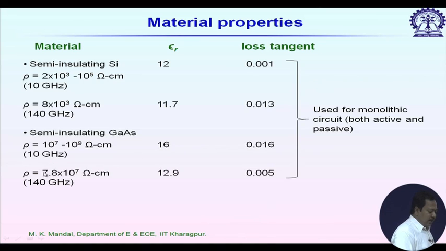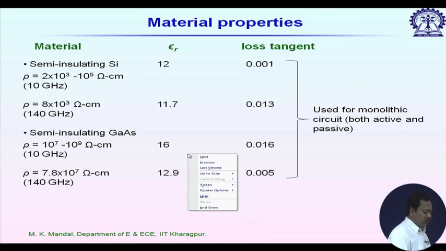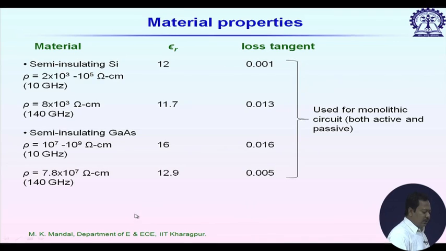And if I consider a typical value, rho 7.8 into 10 to the power 7 ohm centimeter, the measured epsilon r is 12.9 at 140 gigahertz, and the loss tangent is 0.005. If I compare the loss tangent value with silicon, obviously it is a very good substrate, almost like a dielectric, but the problem is that it is very expensive compared to silicon.